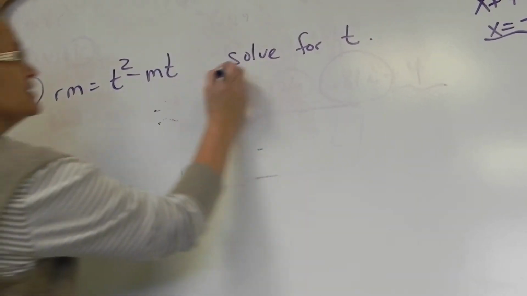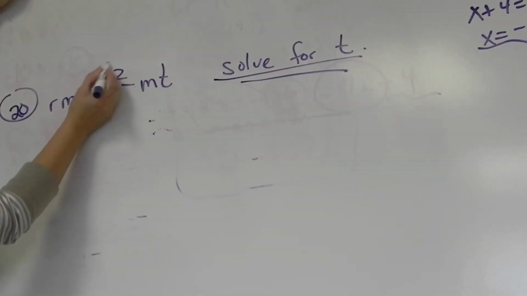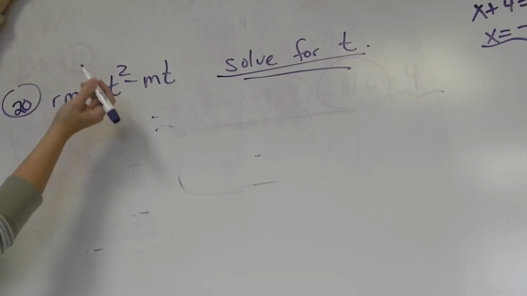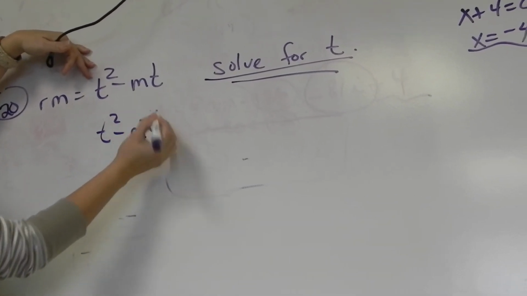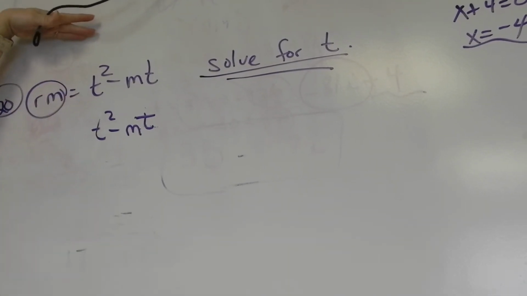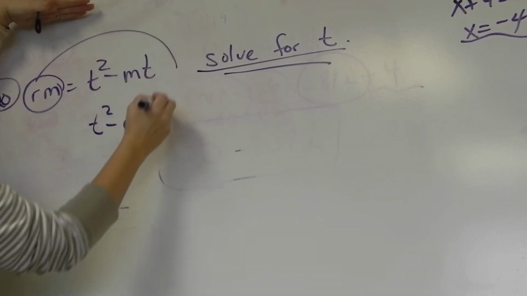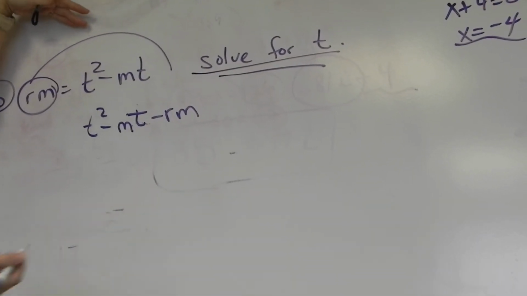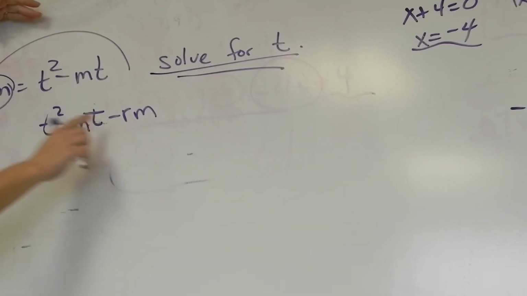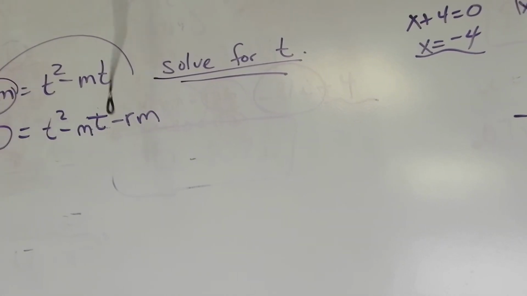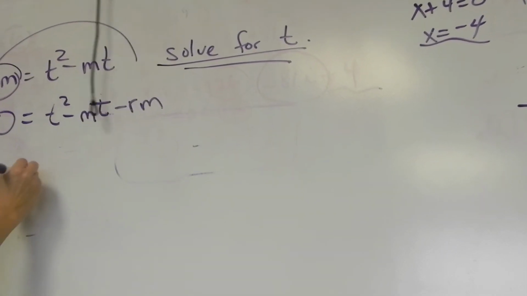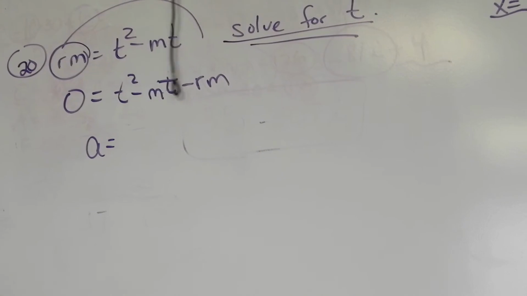All right, because it says we're solving for t, I pick up that t is squared, which makes it a quadratic. So I want to get it all equal to 0, standard form. So this Rm does not have a t in it, so that's actually going to be a constant. All right, Rm, and I change sides, so it's minus Rm equals 0. So to use the quadratic formula, we would say a is what's in front of your squared term.